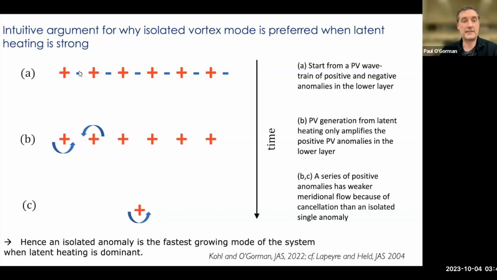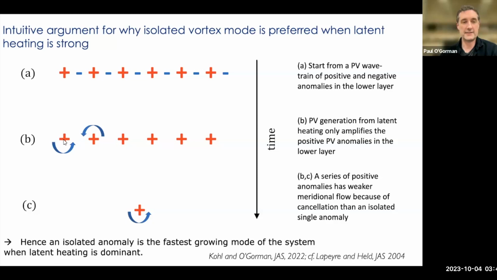Well, those positive and negative PV anomalies will generate meridional flow, so north and south flow between them. That will lead to, you can think of it as leading to, upward motion and descent. And where you have upward motion, you'll get latent heating. But we saw earlier that latent heating will generate positive PV anomalies in the lower layer, but not negative PV anomalies, at least in the simplest case. And so those positive PV anomalies will tend to get amplified, and the negative anomalies will be weakened by this process. They're not zero, but they'll be weakened.